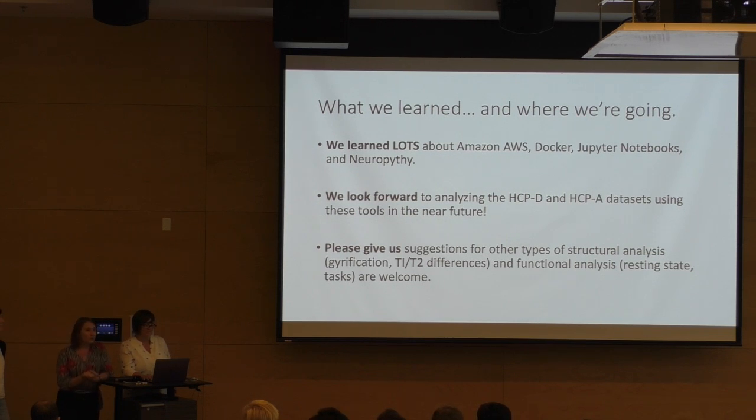We're also interested in doing analyses beyond these structural analyses, looking at other types of structure like gyrification, T1, T2 maps, and there's resting state data, task data. And we're also interested in looking at other kinds of demographic data. So if you're interested in getting involved, let us know.